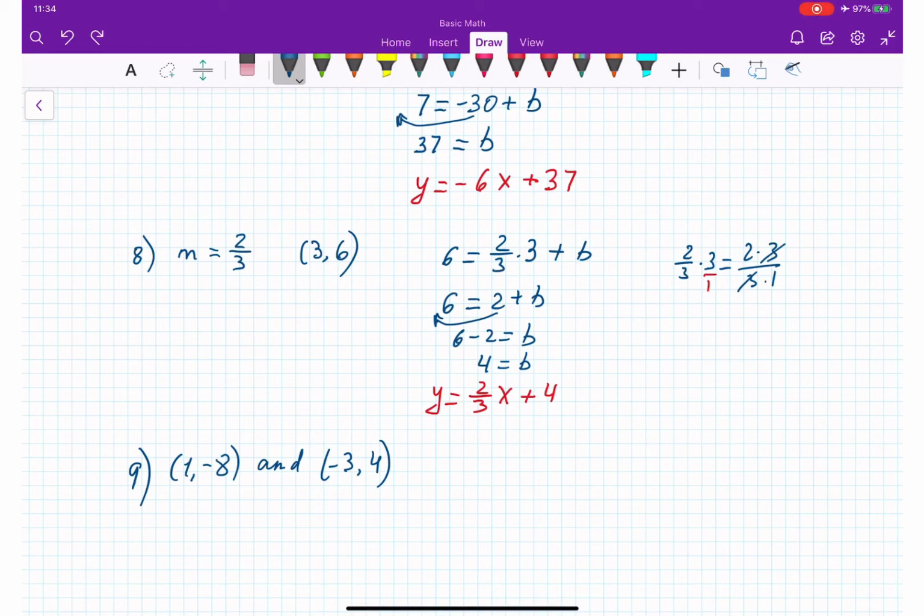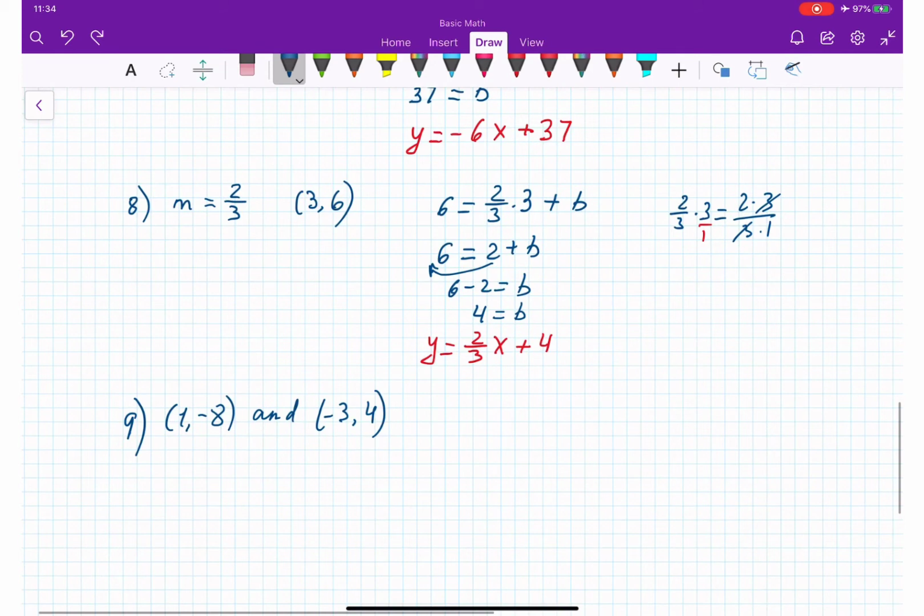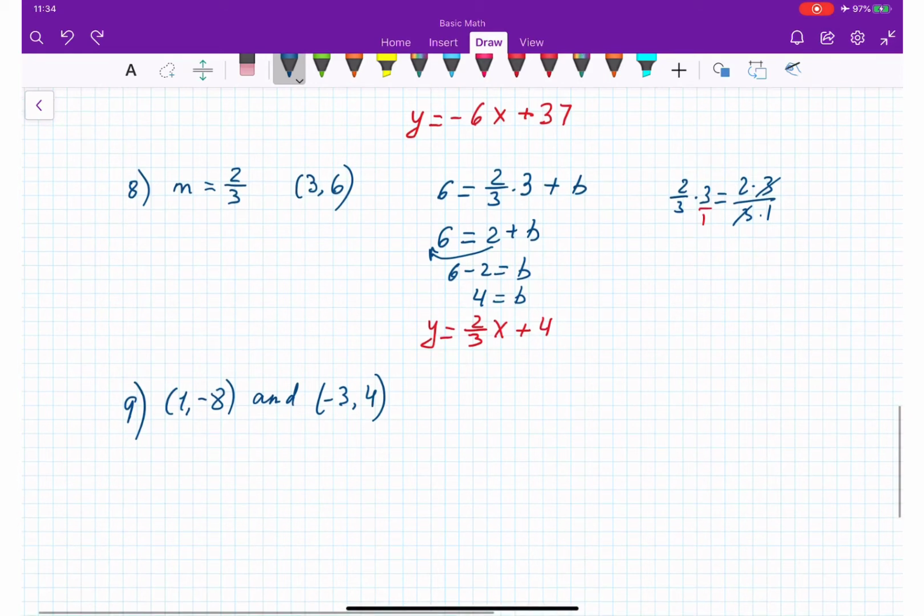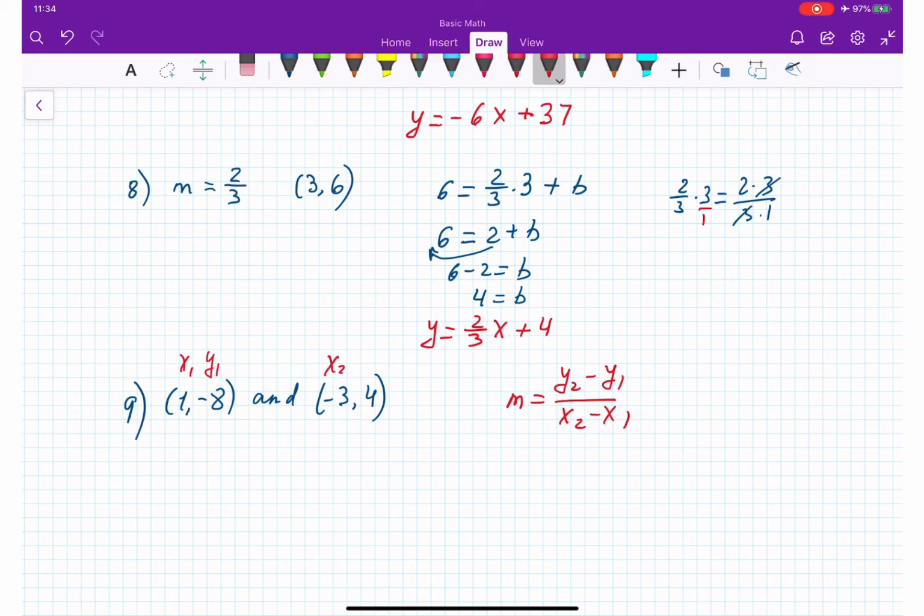Now, question for you. Can we find the slope given 2 points? I can hear you saying yes. And that's right, you are correct. By using the formula, m equals y2 minus y1 over x2 minus x1. So here we have x1, y1, x2, y2. All right.